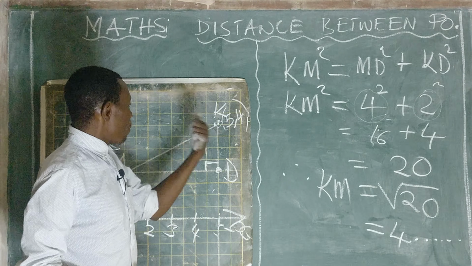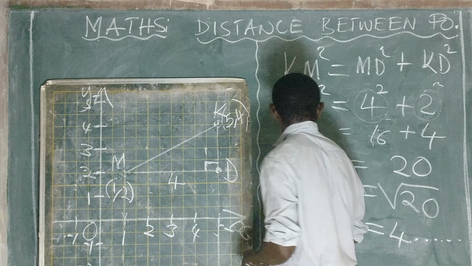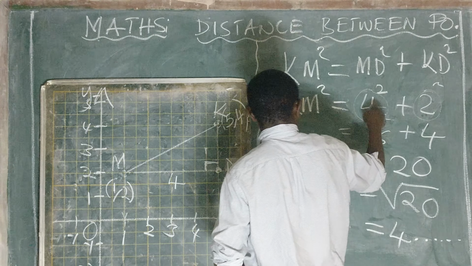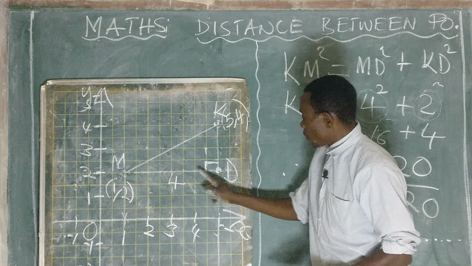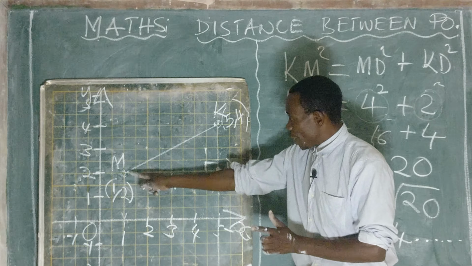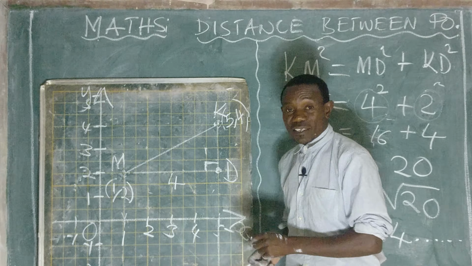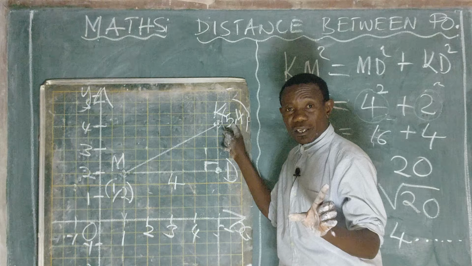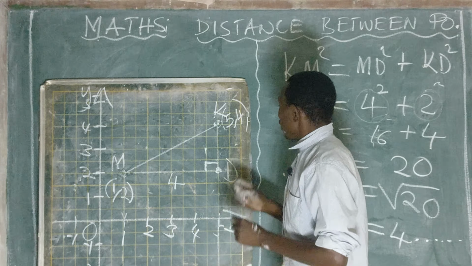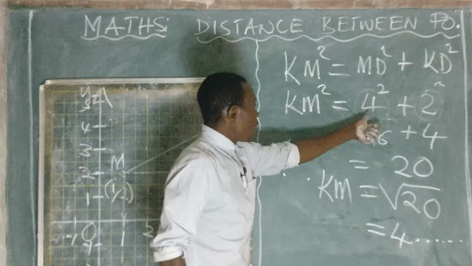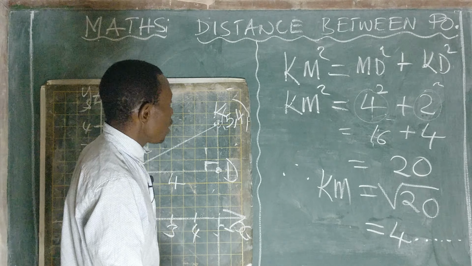If you come back to the board here, you're going to realize that the distance MD, which is 4 units from here up to that, is just as good as taking the difference between the x coordinates. So the 4 we have here is more like the change in x coordinates.